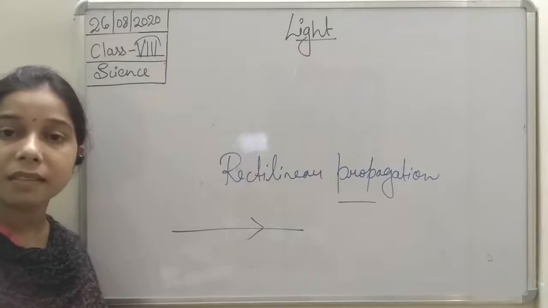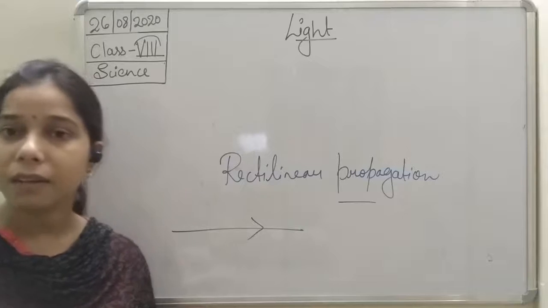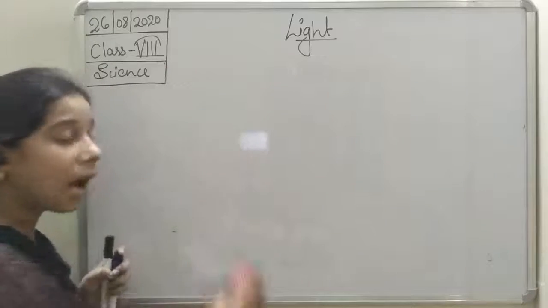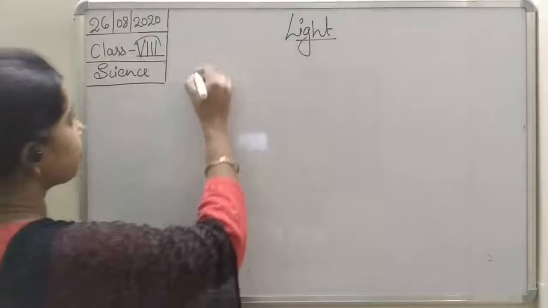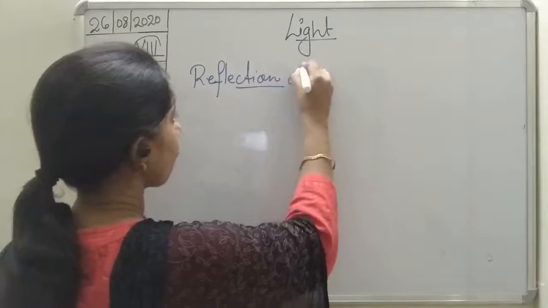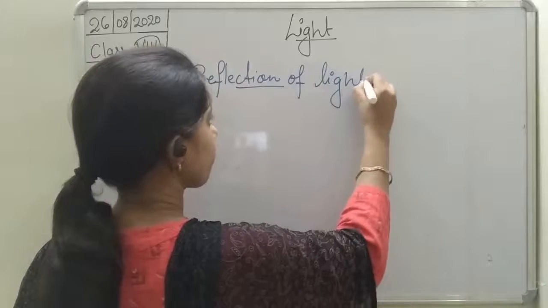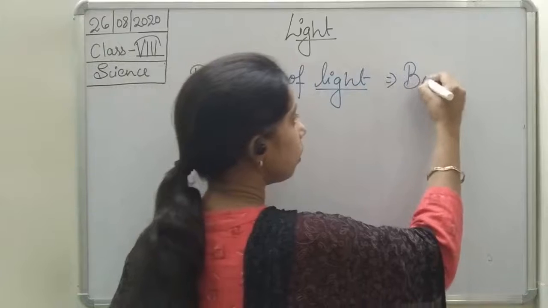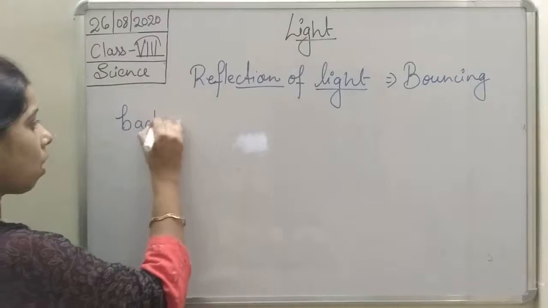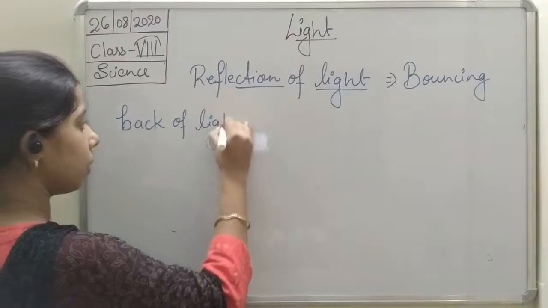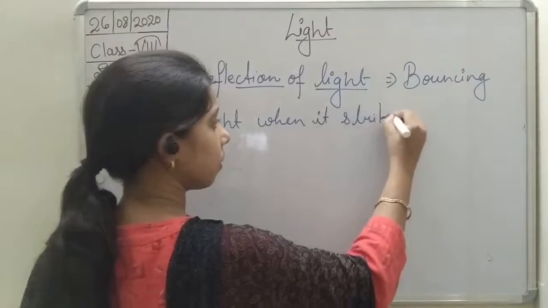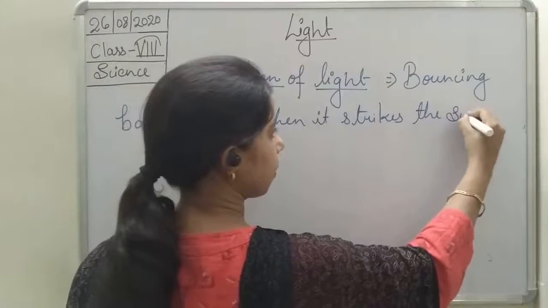We have also discussed the reflection of light. Reflection is the bouncing back of light when it strikes a surface.